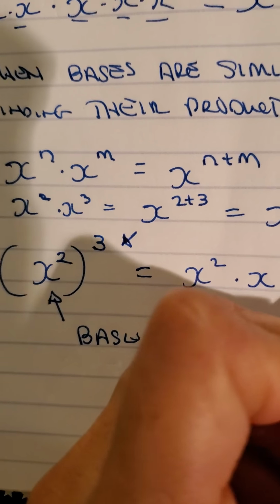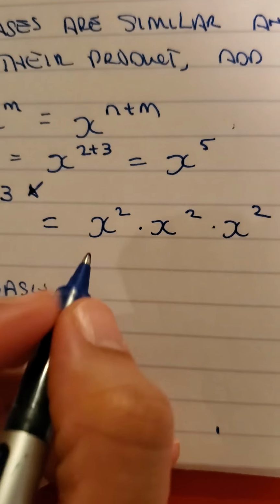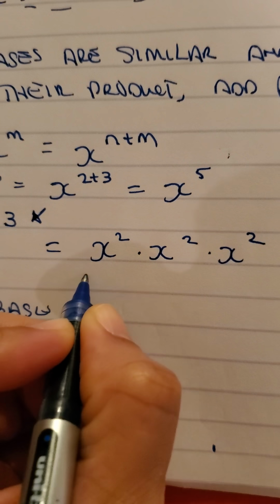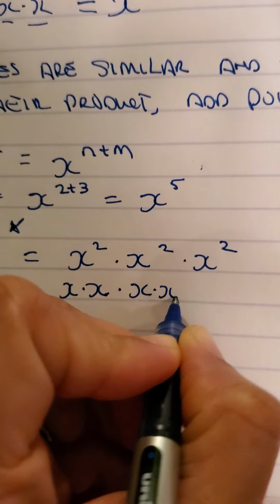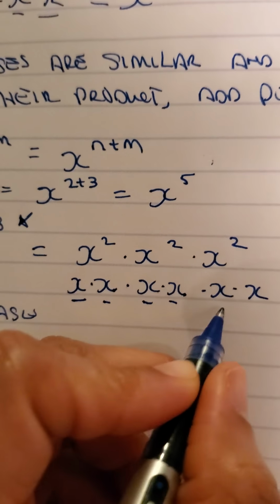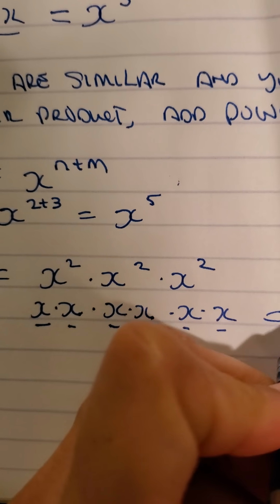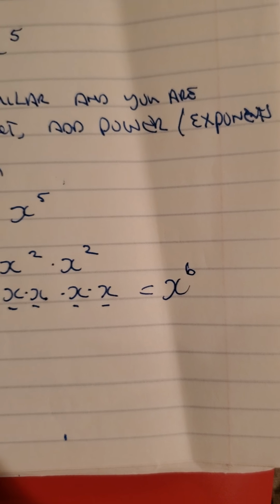That's what it's saying. And when I look at my individual expansion, I have 2 factors of x here, times another 2 factors of x, times another 2 factors of x. So if I add all my factors of x, I have 1, 2, 3, 4, 5, 6 factors of x, which I could represent as x to the 6th power.